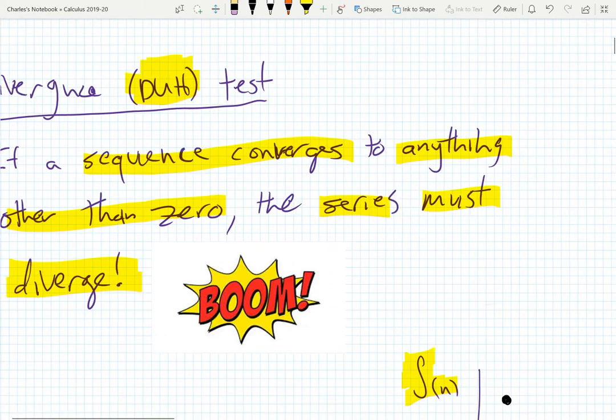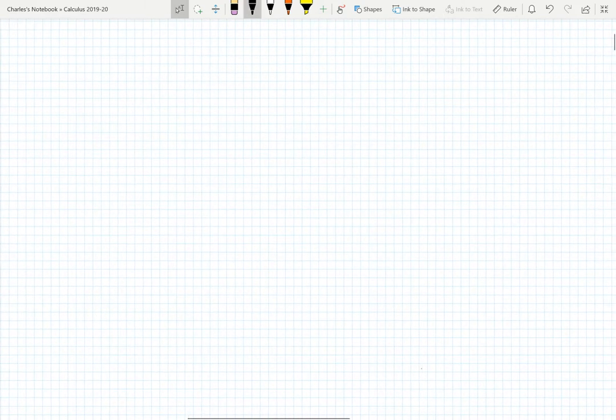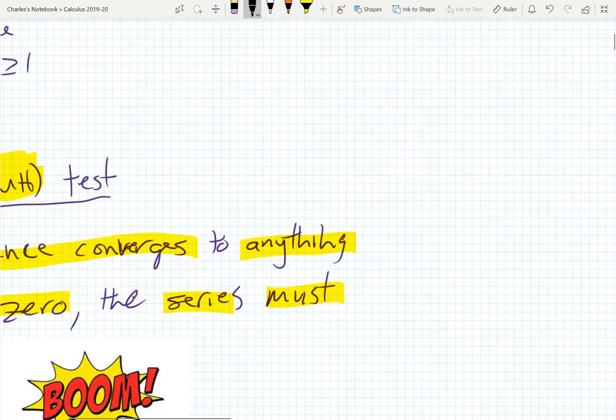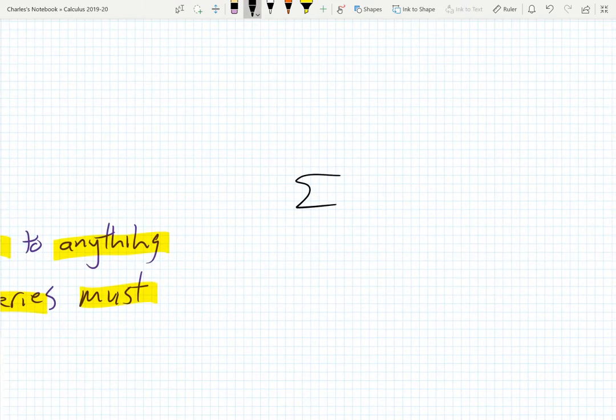Okay, so what a lot of people sometimes think is that the divergence test can prove if something converges, but it can't. The example I used before was the sum of 1 over the natural log of n. I think this one has to go from n equals 2 because the natural log of 1 is 0.